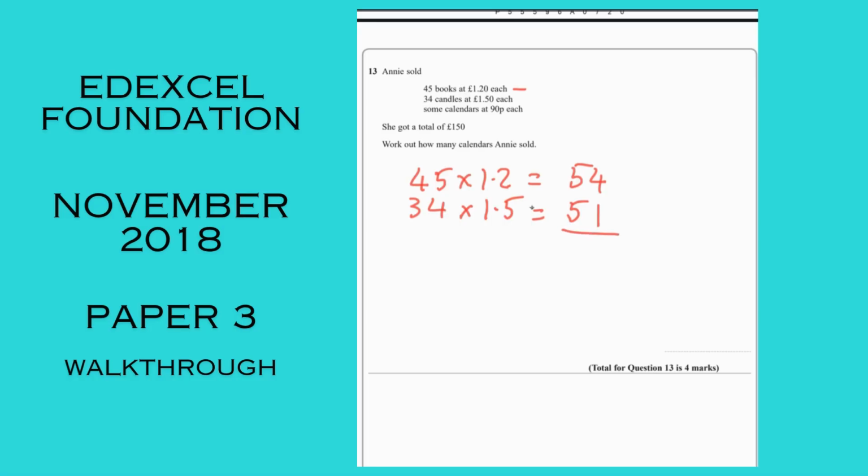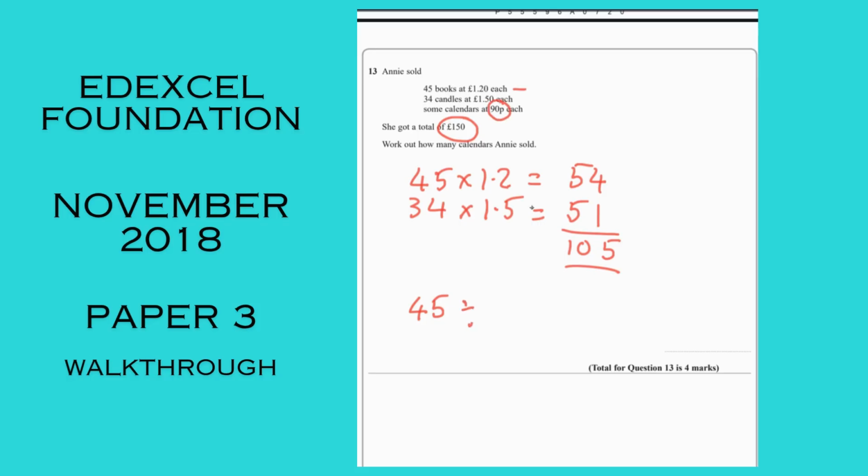So the books and the candles are coming in at £105. So she got a total of 150. 150 minus 105 means £45 was made on the calendars.